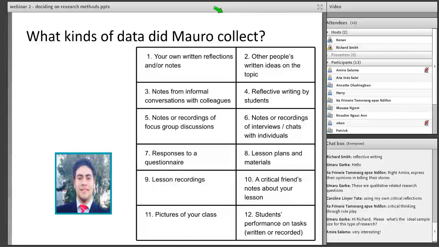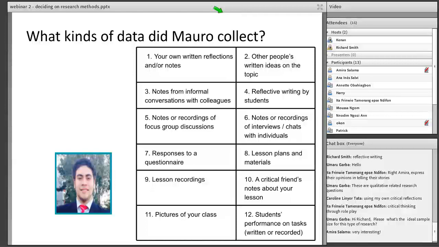Okay, just to check you're all there and check that you were listening. Just write the numbers. Thanks, Amira. Just write the numbers of what kinds of data he collected, just the numbers from this template. These are just the same kinds of data I showed you earlier. Everybody can write their answer here if you can read that.